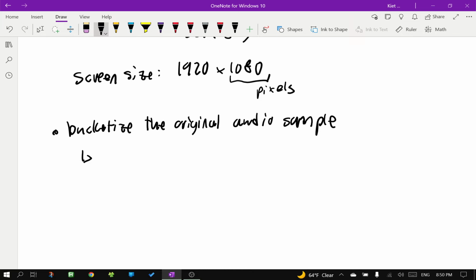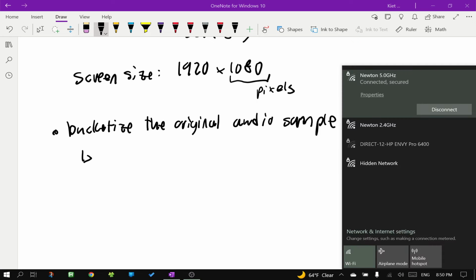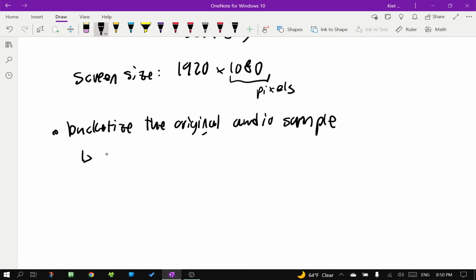So instead of having 44k samples per second, we would downsample it so that for each second there would only be like 128 or 256 buckets.